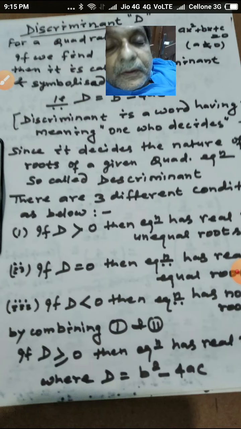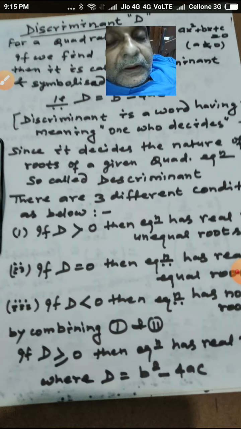As you know, b is the coefficient of x, a is the coefficient of x square, and c is the constant term. So just viewing the given quadratic equation, we can have the values of a, b and c. Now putting these in the formula of b square minus 4ac, we can find the discriminant.